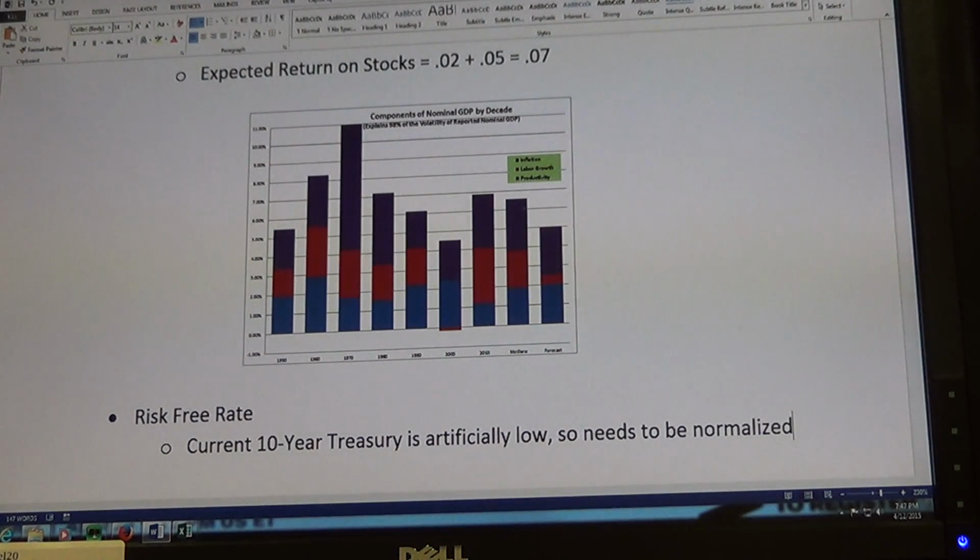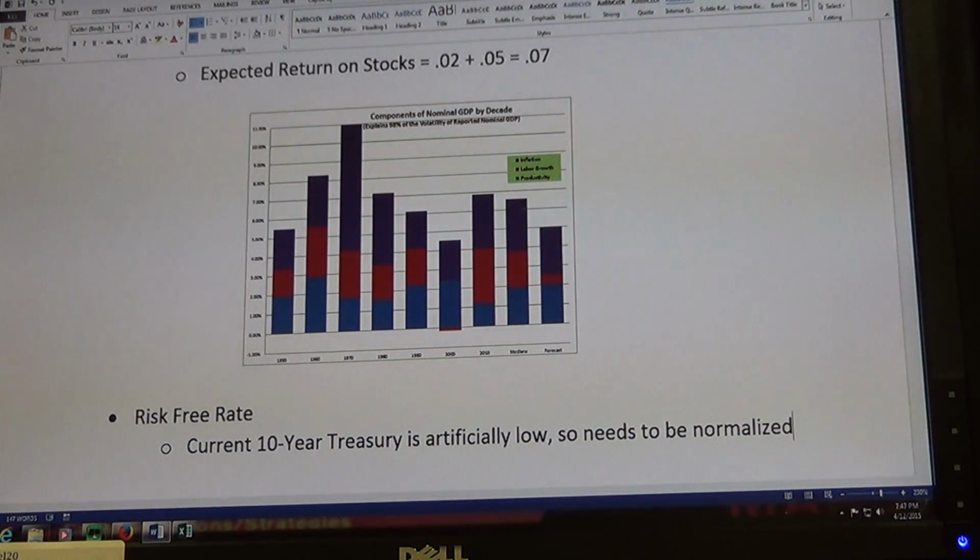Dr. Damodaran's position is it doesn't matter if it's artificially low, it is the risk-free rate, so use that rate. If you use my approach, you will normalize it. You'll have a higher risk-free rate, which means you'll have a lower market risk premium. If you use Dr. Damodaran's approach, you will have a lower risk-free rate and a higher market risk premium, because the two of them, remember, must add up to 7%.